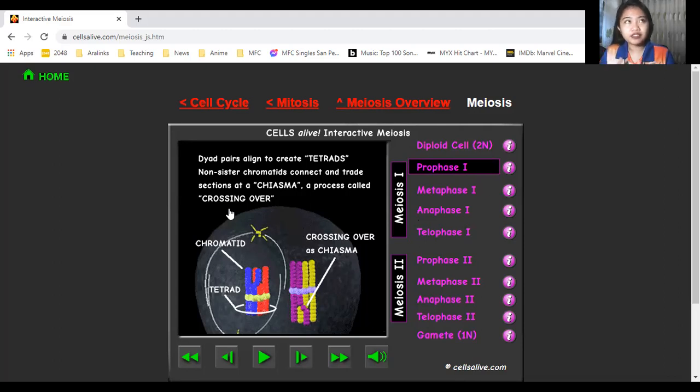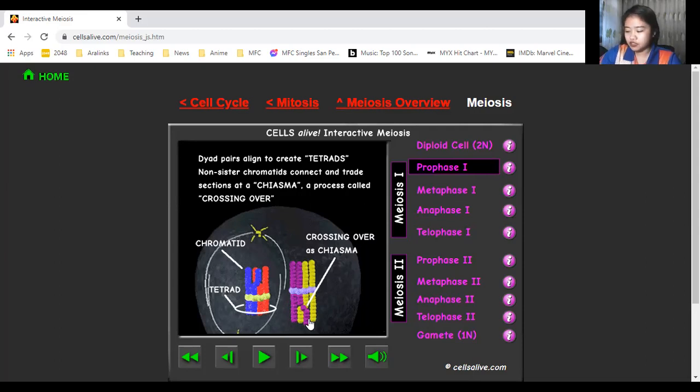Kasi kumbaga this produces the changes. Kumbaga kaya tayo unique kasi napaka-random ng crossing over and pag-break off ng parts ng chromosome dun sa non-sister chromatid niya. Okay?